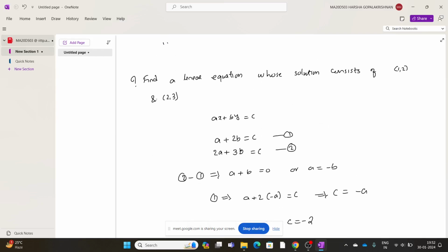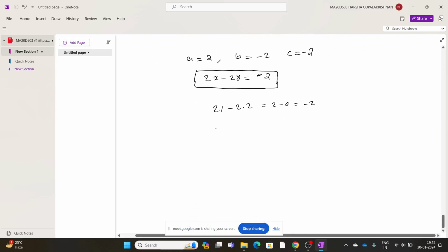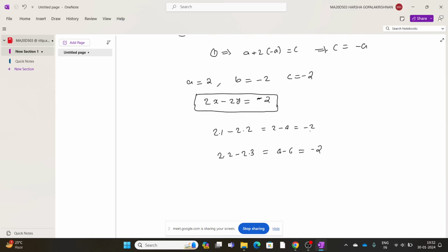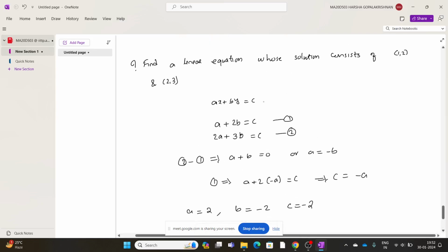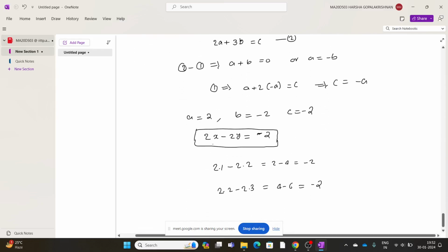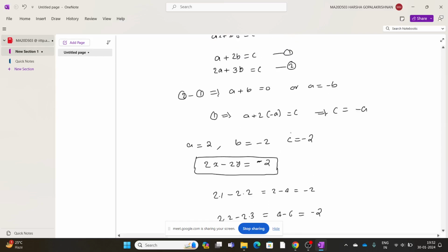Next point is (2, 3). That means 4 minus 6 equal to minus 2. So this equation satisfies. So we found a linear equation whose solution consists of (1, 2) and (2, 3). This is the arithmetical way of finding it.